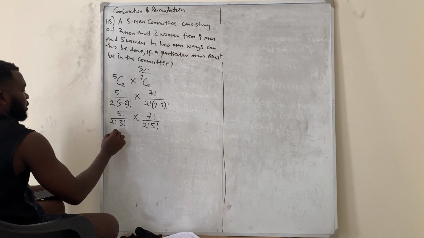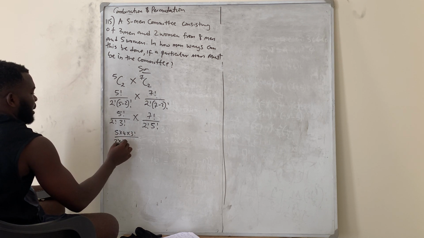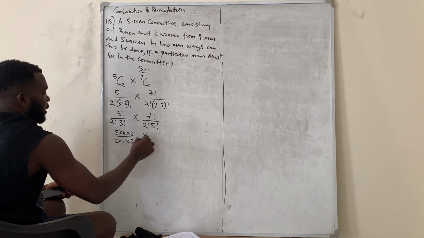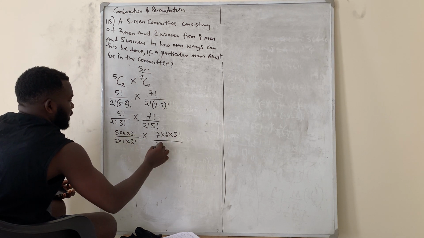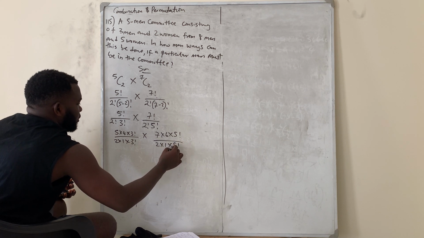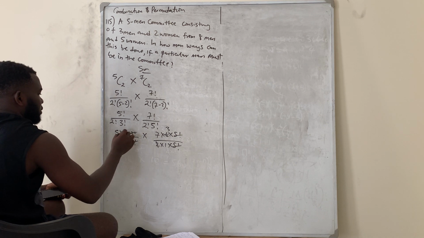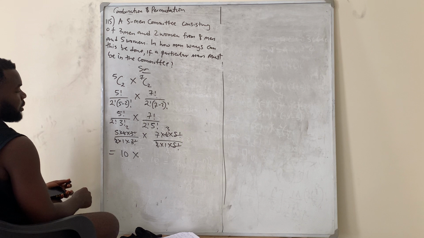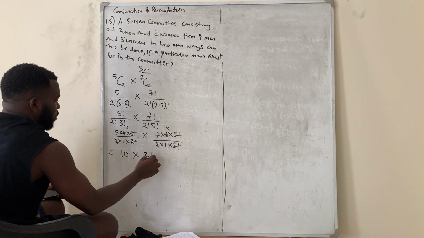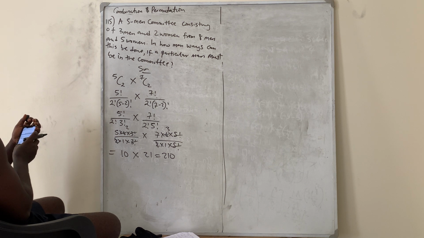I'm left with 5 times 4 times 3 factorial all over 2 times 1 times 3 factorial, then times 7 times 6 times 5 factorial all over 2 times 1 times 5 factorial. This takes care of this, this into this is 3. This takes care of this, this into this is 2. So I'm left with 5 times 2 is 10, times 3 times 7 is 21. So my answer is 210. So 210 is the correct answer for that.